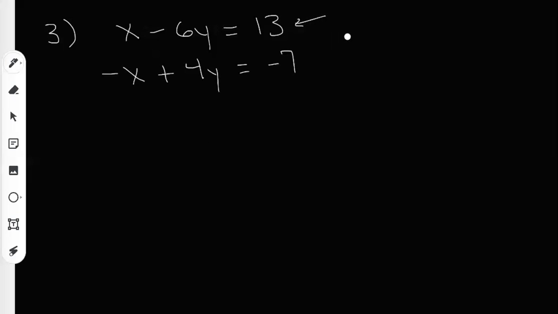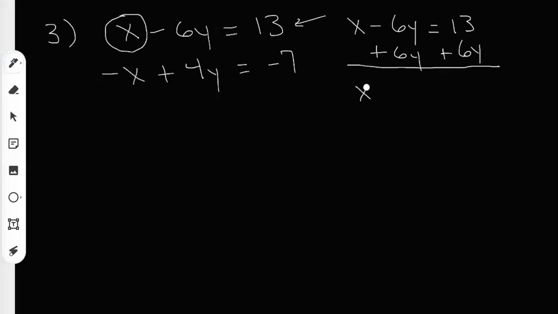So for the top one, what I could do is I could add 6y to both sides, and that'll get this x by itself. So let's do that. I'm going to rewrite it over here, and I'm going to add 6y to both sides. Add 6y.